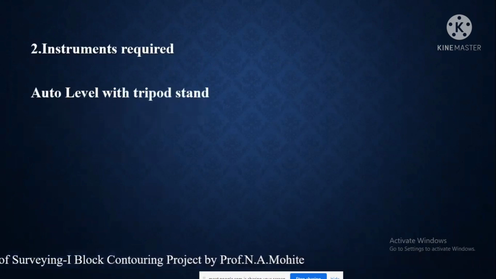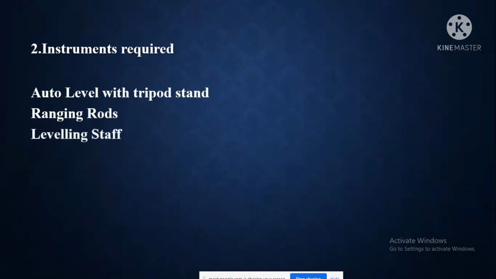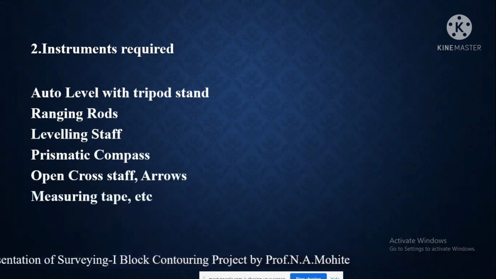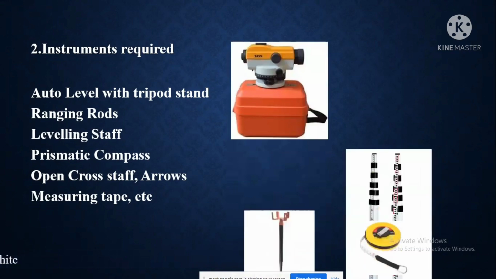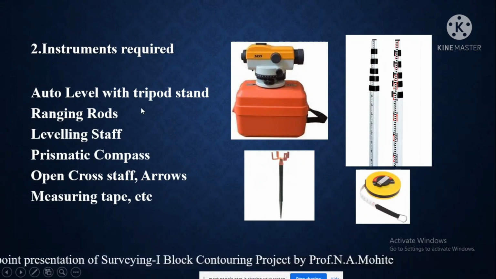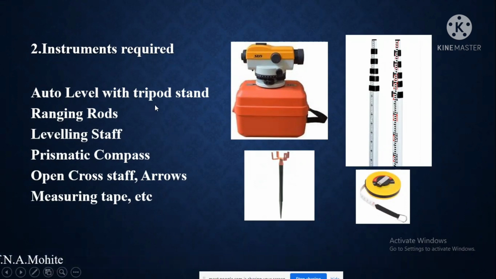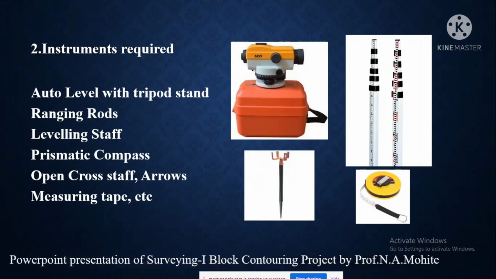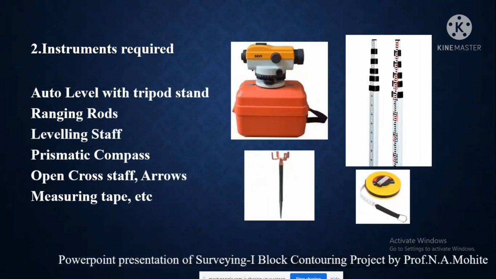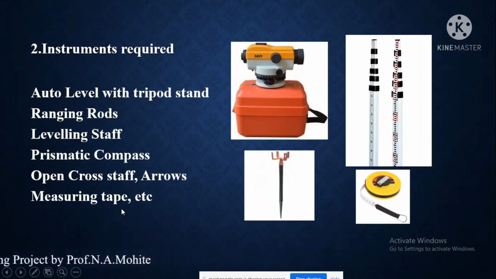Auto level with tripod stand, ranging rods, leveling staff, prismatic compass, open cross staff, arrows, measuring tape, etc. The auto level will be required for taking the RLs, mounted over the tripod stand; ranging rods for the ranging and offsetting process; leveling staff for taking the readings of the level difference; prismatic compass for measuring the center line bearing; open cross staff for offsetting; arrows for marking the points on the ground; and measuring tape for measuring the distance between each of the points.